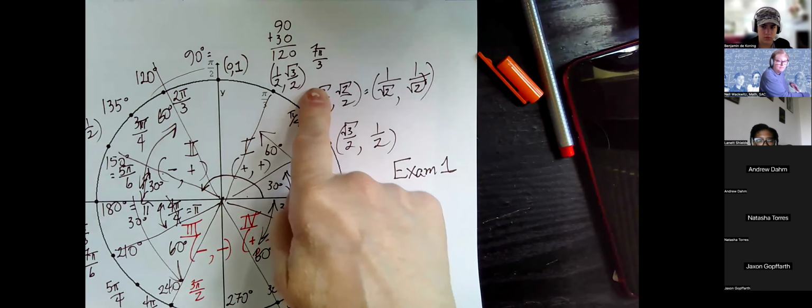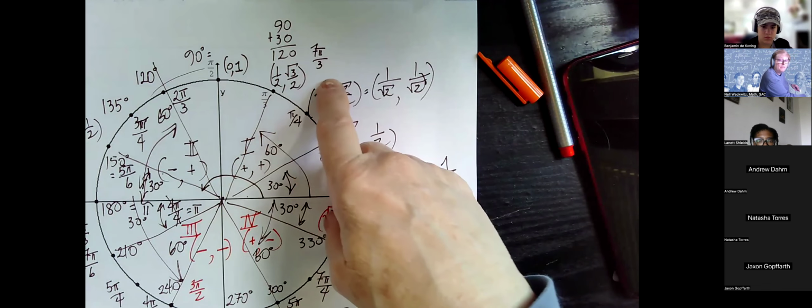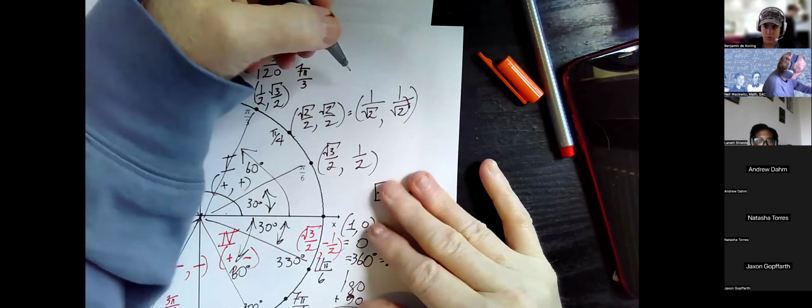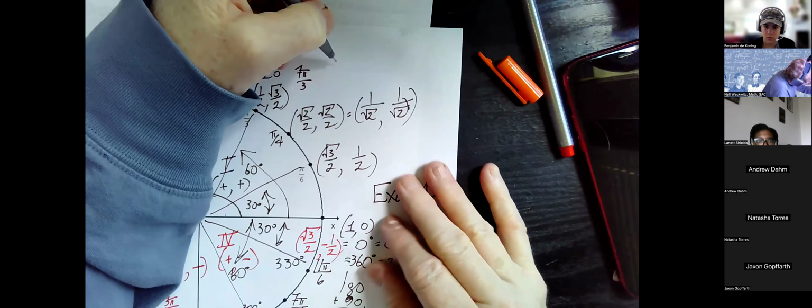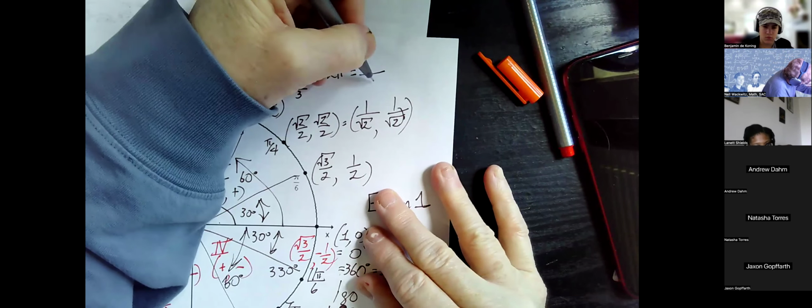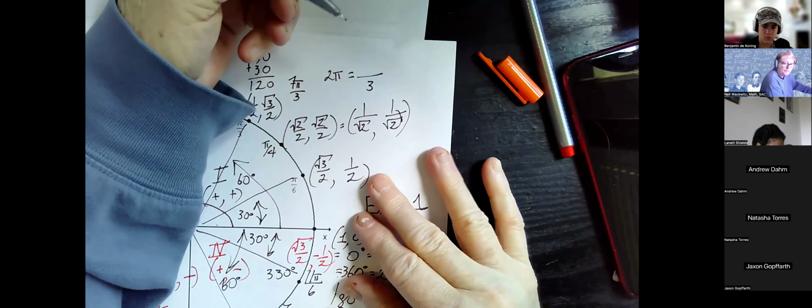So 13 pi over 3 is the same as pi over 3 is the same as 7 pi over 3. And it's easier to see that if you take 2 pi and you write it with a denominator of 3.